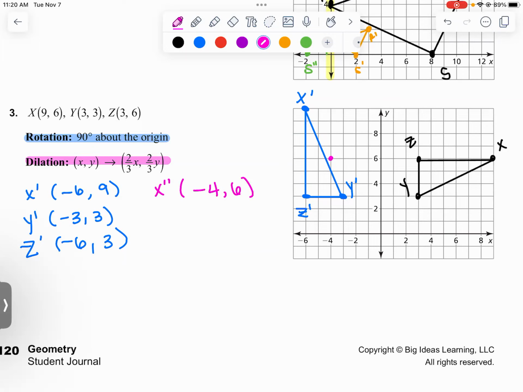Do you agree with Sam? Is this pink shape going to be smaller or bigger than the blue? 2/3 times -3, 3. Okay. And then -6, 3 times 2/3.